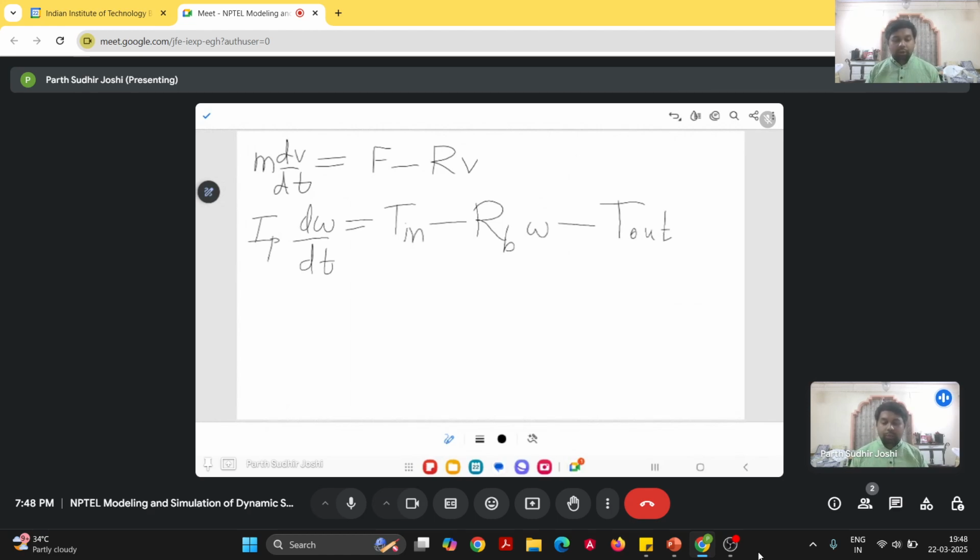Now the next step is to combine these equations by using the fact that the force is the output torque divided by R. Then we can find the expression for the output torque T out.